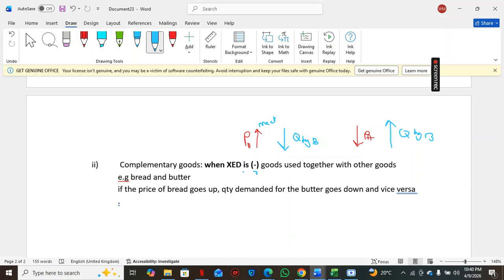This is what we mean when the sign is negative. And if the price of meat goes down, people buy more meat, the meat is eaten together with bread, so quantity demanded for bread is going to increase.